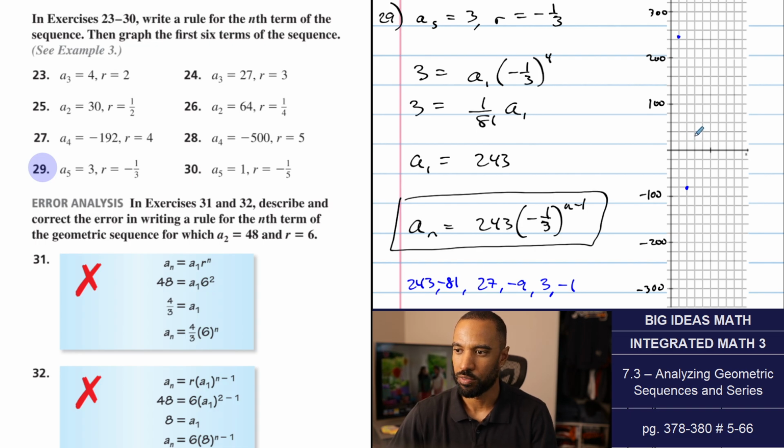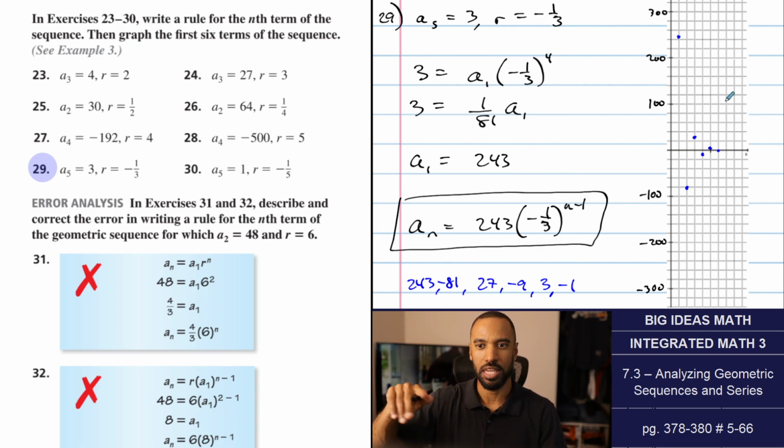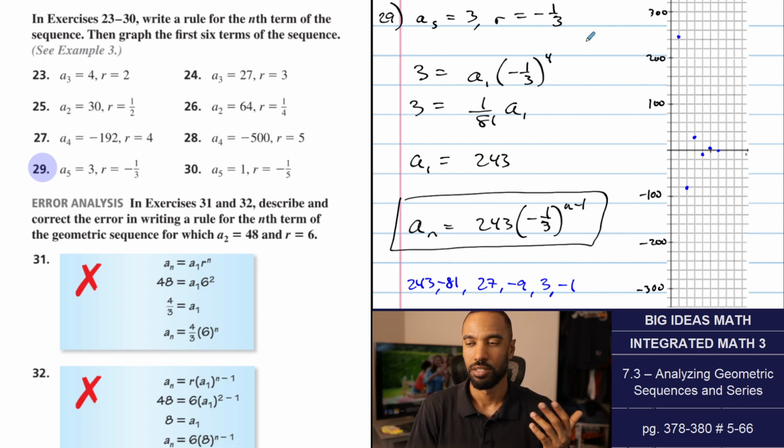Oh, I need to move this one over. 27. Negative 9 is less than halfway between 0 and negative 20. It's about halfway. Who am I kidding? 3 is getting a little closer, and negative 1's a heck of a lot closer. So there's kind of an alternating thing. These aren't exponential functions anymore because they keep changing signs, but you still plot them.